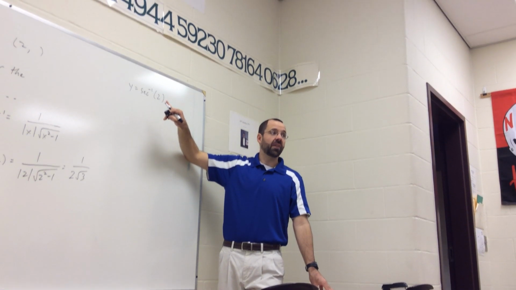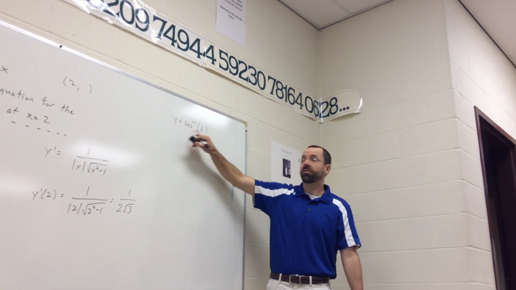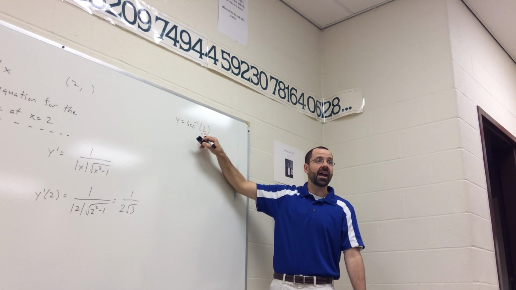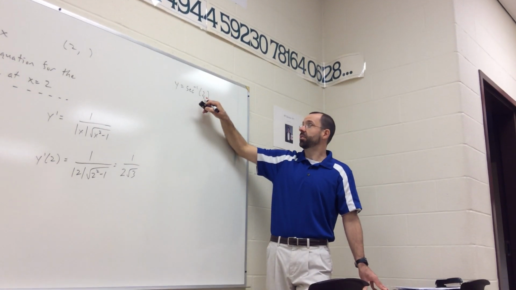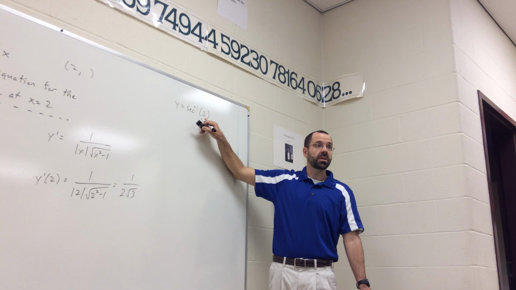Okay, so my final answer here, remember inverse secant inputs a fraction and outputs an angle. So I'm looking for the angle that has this secant. Okay, so the secant is 2. Secant is reciprocal of cosine, right? So if the secant is 2, that means the cosine is a half.